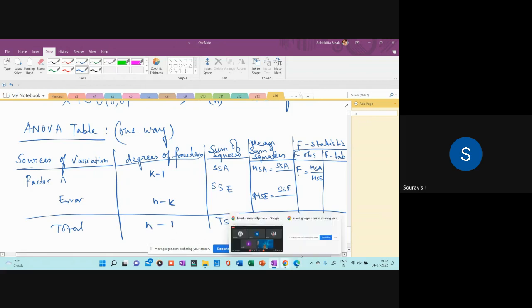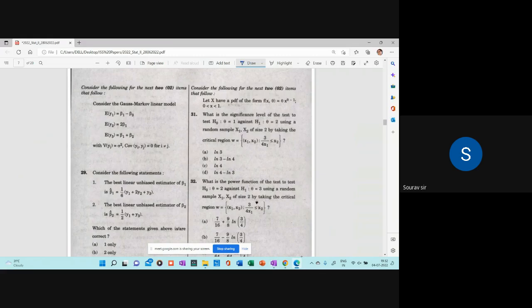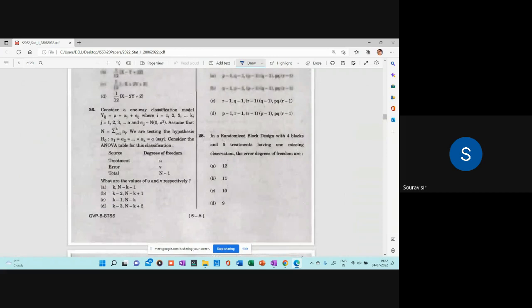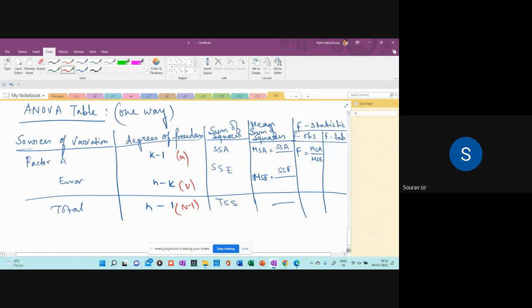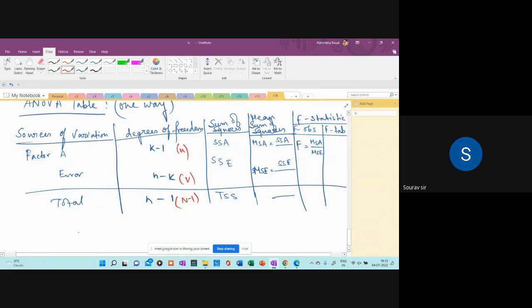So what is in my problem over here, let me check. For my problem, it says this is u, this is v, this is capital N minus 1. So they have just changed it a little bit. Wherever I have used small n, they have just used capital N. So as per my thing, u will be k minus 1, v will be n minus k, and the total is n minus 1.